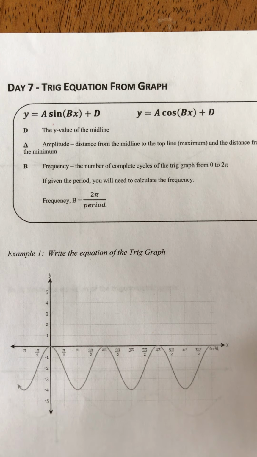Another graph is the positive cosine graph. This is the y-axis and this is the midline. A positive cosine graph makes that cup shape. It starts up high and makes kind of a cup, and it ends where it started. And the last thing you can probably guess is the negative cosine.